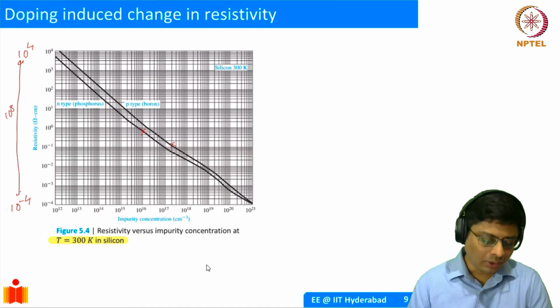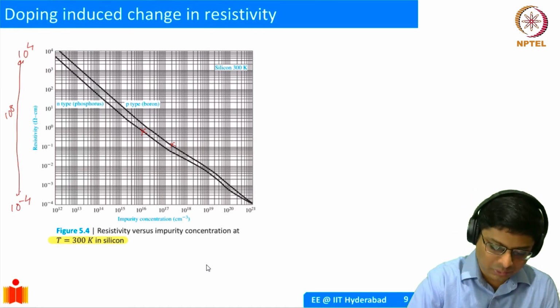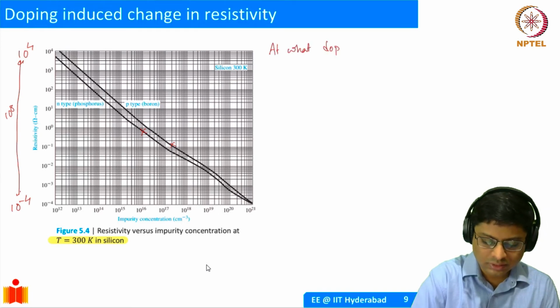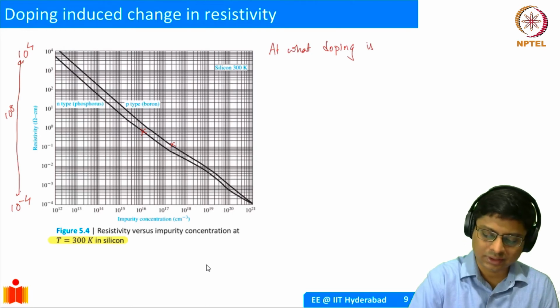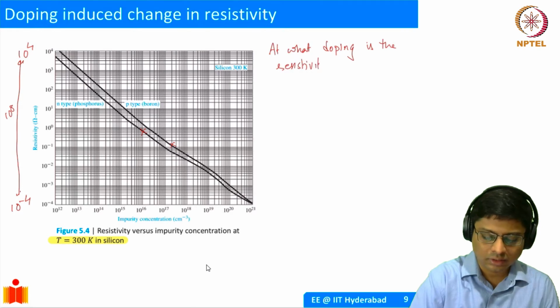Okay. So now I'll ask you one question. At what doping is the resistivity of silicon maximum?